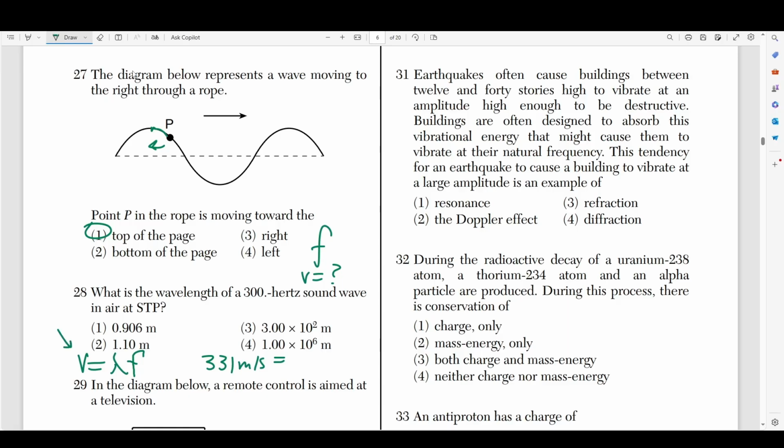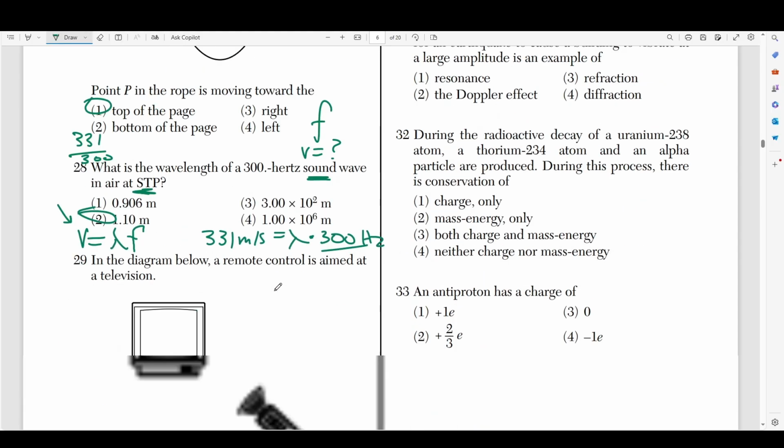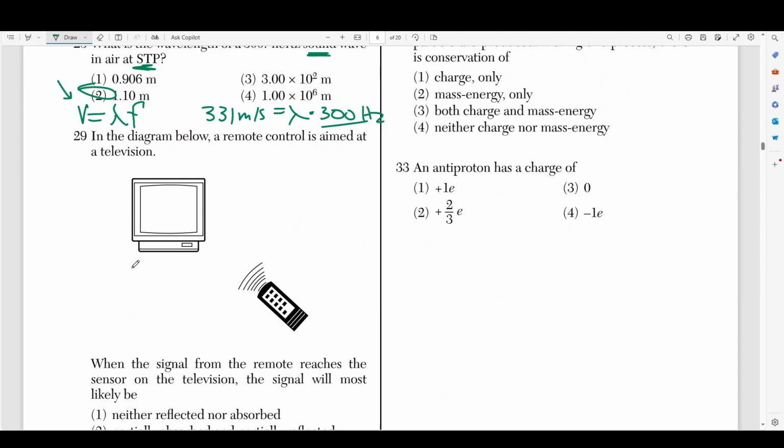Velocity, which is on your reference table as sound at STP, 331, has to equal a wavelength, which is unknown, times the frequency, which is 300 hertz. So you divide both sides by 300 and you get 331 divided by 300, which is going to be 1.01 meters.